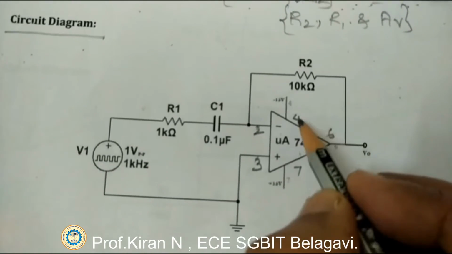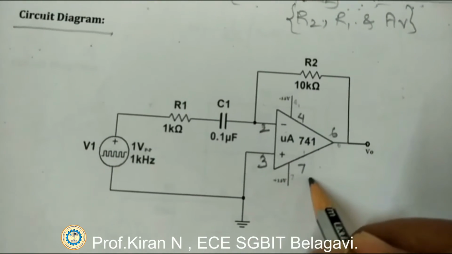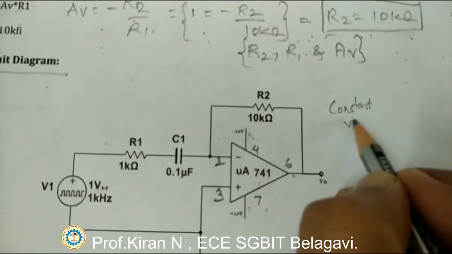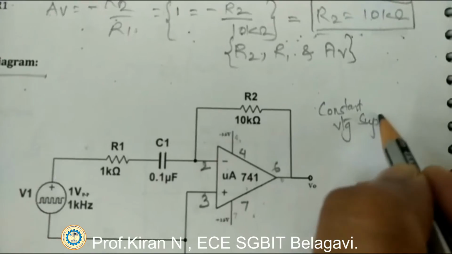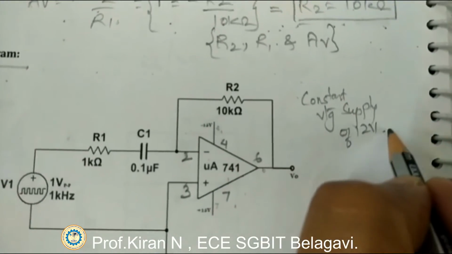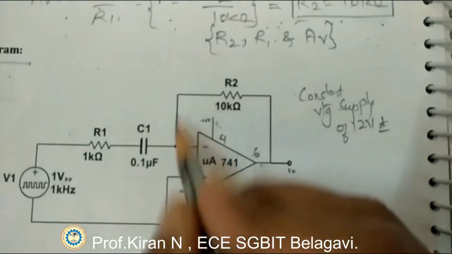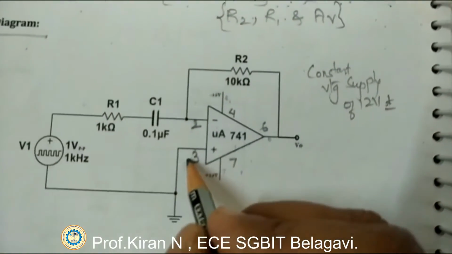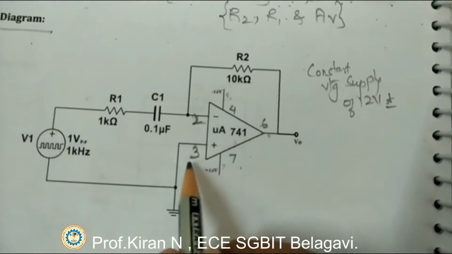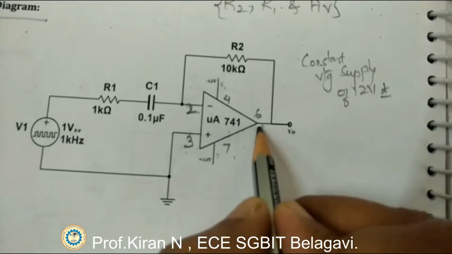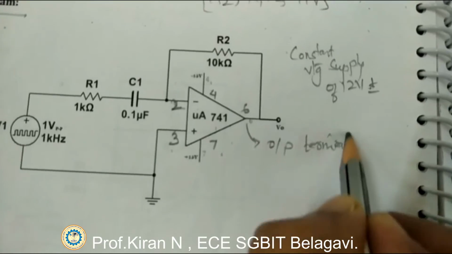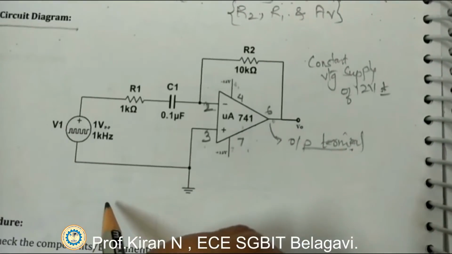As I have told already, pin numbers 4 and 7 are used for providing a constant voltage supply of plus minus 12 volts, because the op-amp needs both voltages. Pin number 2 is the inverting terminal and pin number 3 is the non-inverting terminal. Pin 6 is the output terminal, where we fetch the output voltage.